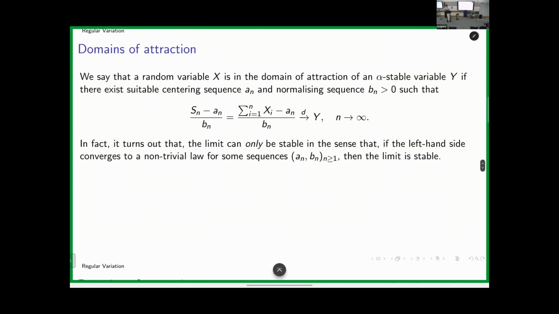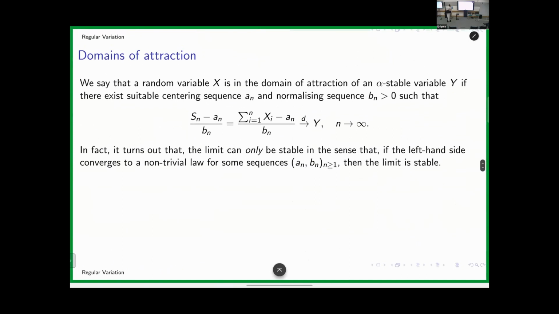And as I said before, it turns out that if you can find constants such that this thing converges in distribution to something non-trivial, that something must necessarily be stable. So this is the reason why these distributions are so widely studied.